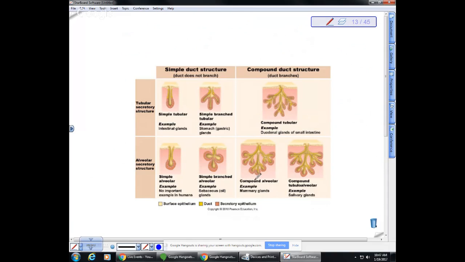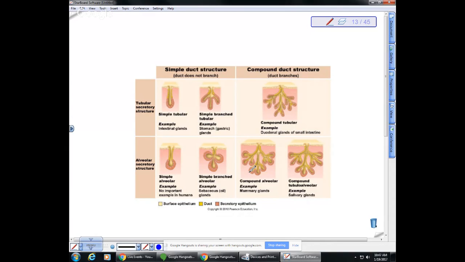Mammary glands are compound alveolar glands because they have big structures here and they're branched. Sebaceous glands are also alveolar. We're going to talk about those in a second, because sebaceous glands produce sebum, which is an oil that helps to lubricate the skin and keep it from cracking.